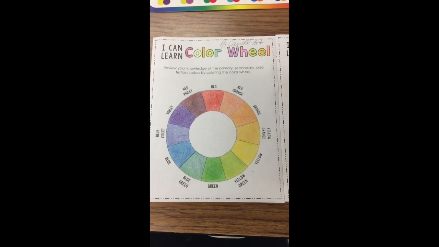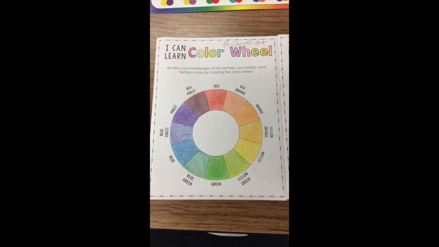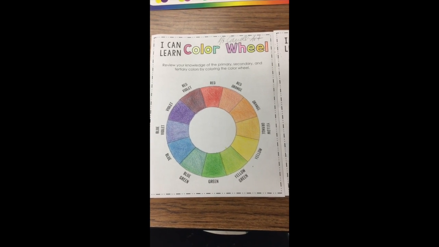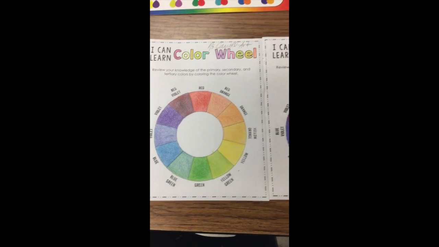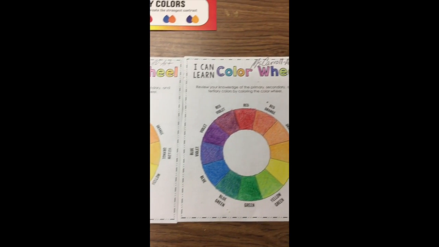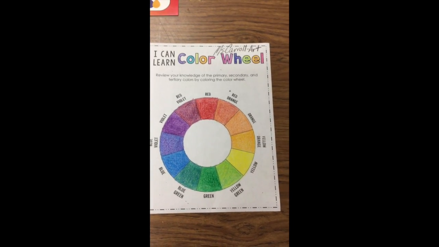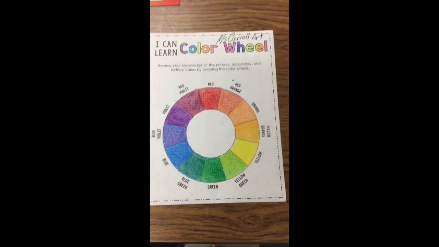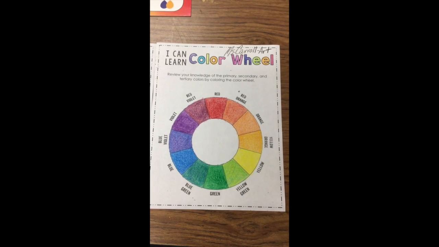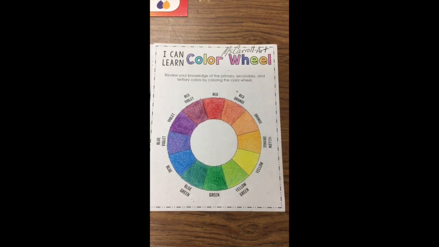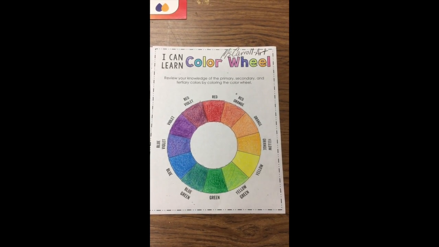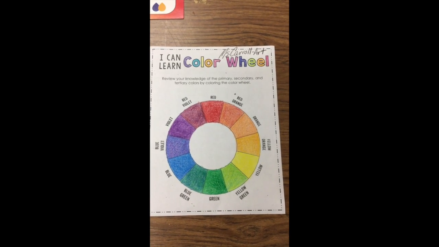Your colors will change depending on what brand you use. So even if you get a box of crayons, the Crayola will look different than the Smart Art, will look different than the Crazy Art, will look different than Prang, will look different than every other brand that's out there.